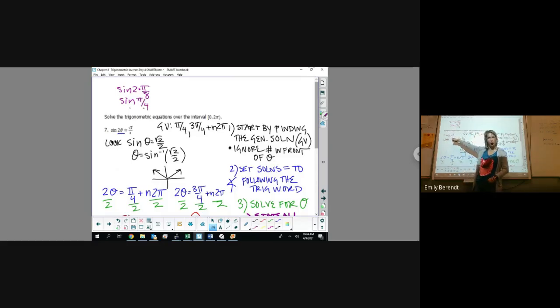What was our next one? 3 pi over 8? Is that the next answer? So then if you did the sine of 2 times 3 pi over 8, the 2 would go into the 8 4 times, so you would get 3 pi over 4. Well, 3 pi over 4 is in quadrant 2, right? So what's the y at 3 pi over 4? Root 2 over 2. So you can always check your answers to your solutions if you want to.